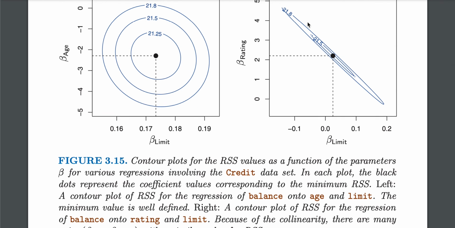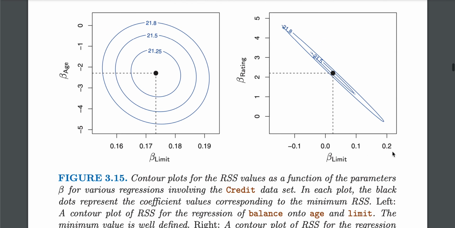And that's why we have these very tilted contour plots. But also, what I want to draw your attention to is the scale here. The difference between these numbers is from 0.16 to 0.17 to 0.18 to 0.19, while the values of the residual sum of squares change from 21.25 to 21.8.